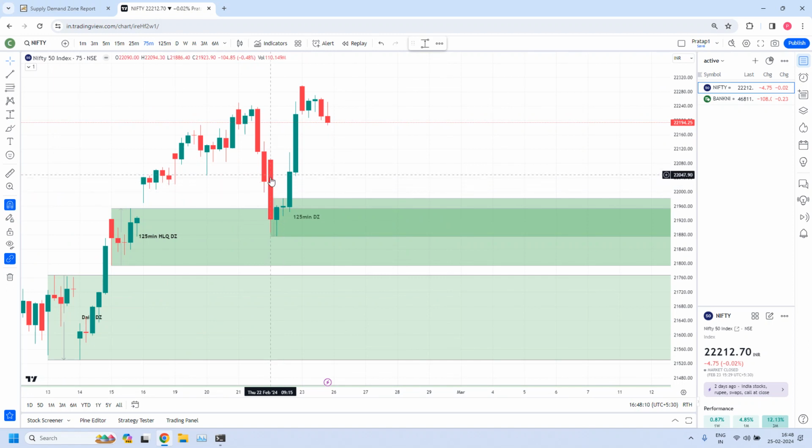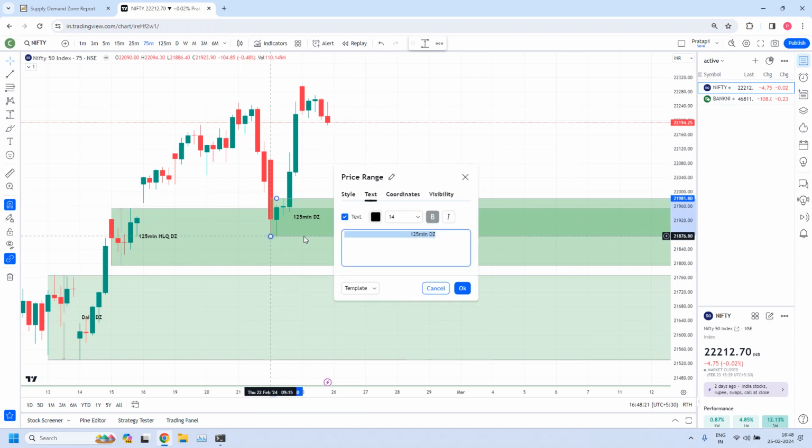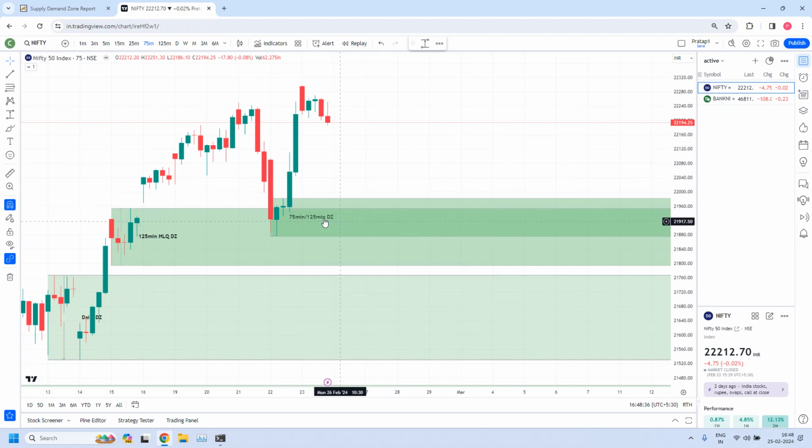The same thing, 22 February, two base candles and a rally. That means this same 125 minutes demand zone is also acting as a 75 minutes demand zone. So I am drawing this as a 75 minutes or 125 minutes demand zone. Both are the same.